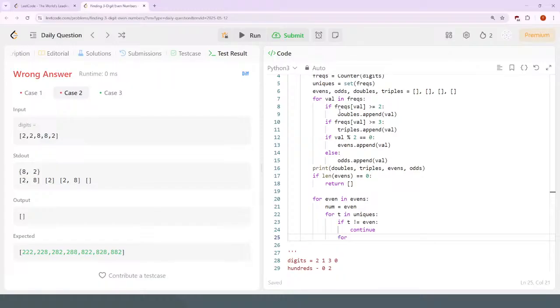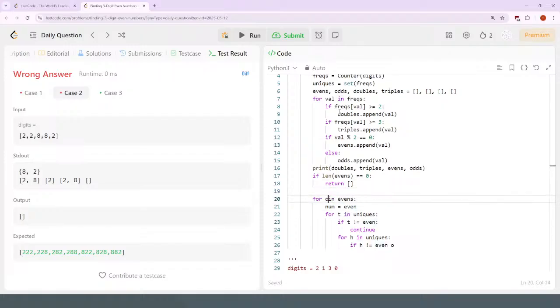And then for every h in uniques, if h is 0, if it's not the same thing as my tens or my even, so h not equal to my even, okay.